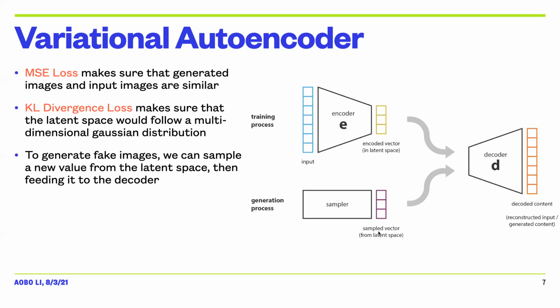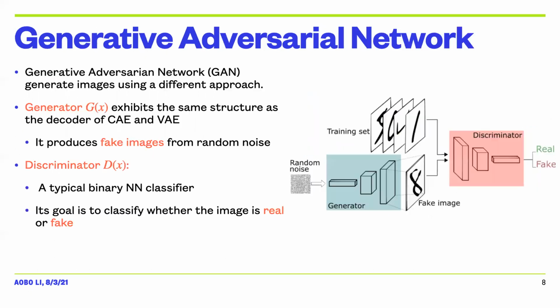You know that value will be valid because during training, you are training your latent space to reproduce the shape of the multidimensional Gaussian. And then you can just directly feed this value into your decoder, and your decoder will produce your fake image. So this is how variational autoencoder works.